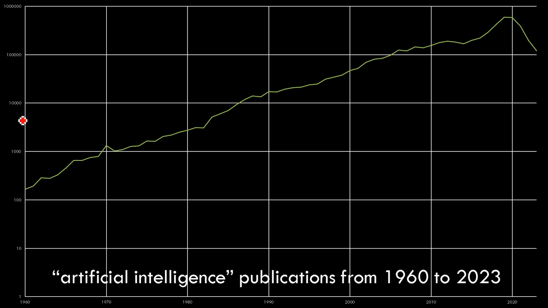This was necessary to take into account the wide range of publications. In 1960, the number of annual publications was around 100. In 2020, it was around 1 million, less than 1 million. So the logarithmic scale was used on the y-axis.